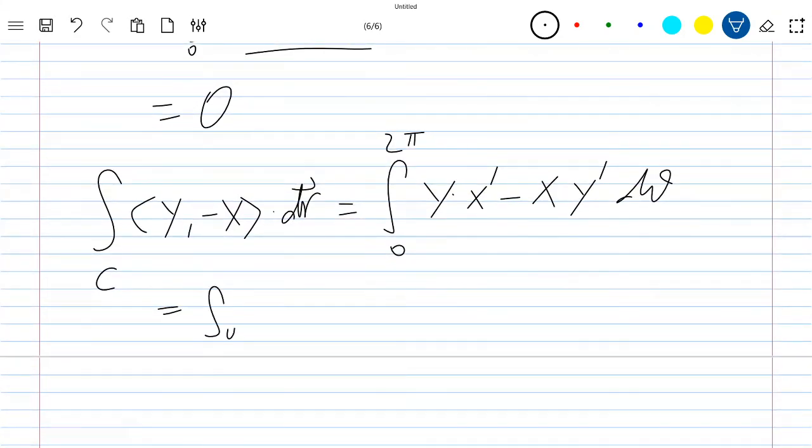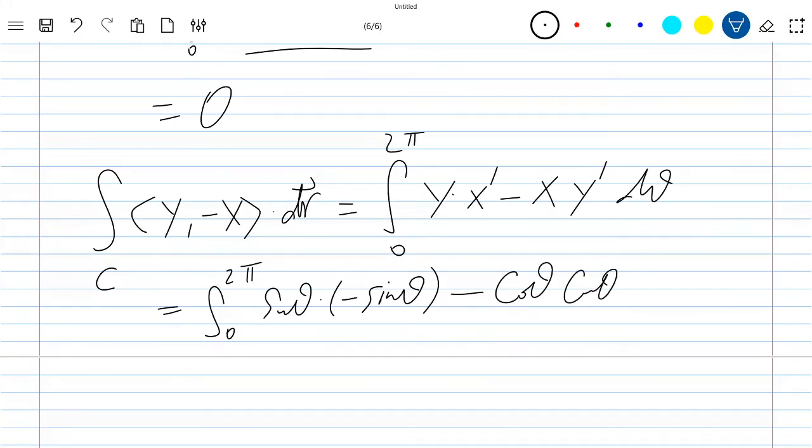Well, y equals sine theta, and x equals cosine theta, so x prime is negative sine theta, and then you have a minus x, which equals cosine theta, times y prime, which is also cosine theta.